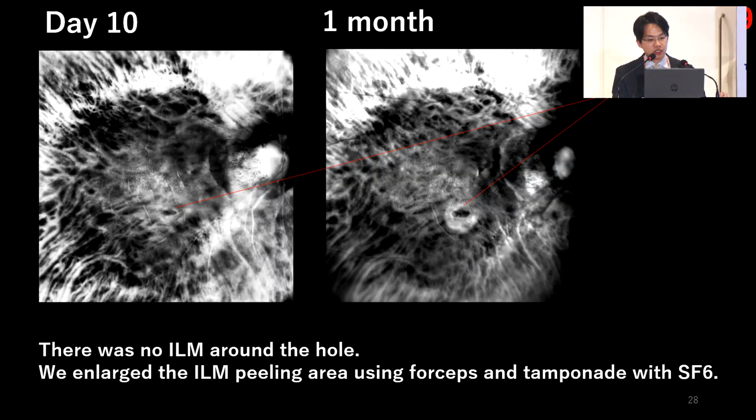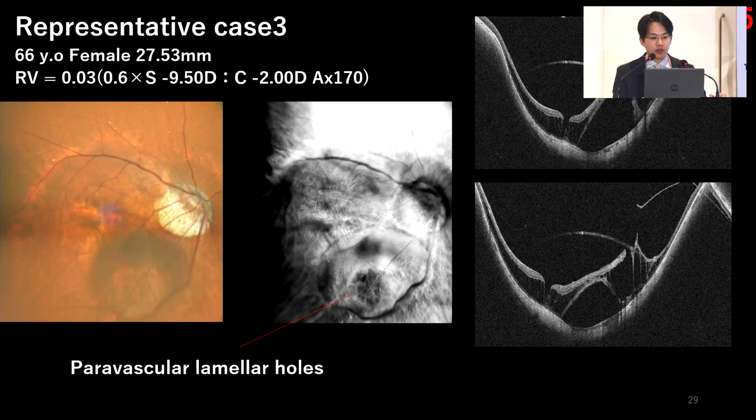Using retromode imaging, the parabascular hole and retinal detachment region are easy to detect. In the reoperation, there was no ILM around the hole. We enlarged the ILM peeling area and did tamponade with SF6. The third case is a 66-year-old female with 27.53 millimeter axial length. At the first presentation, this patient had a huge retinal detachment region.